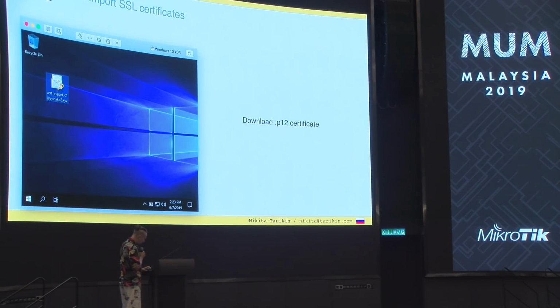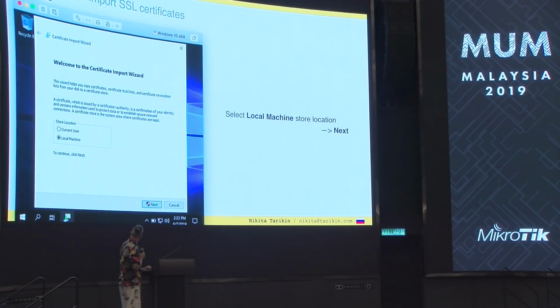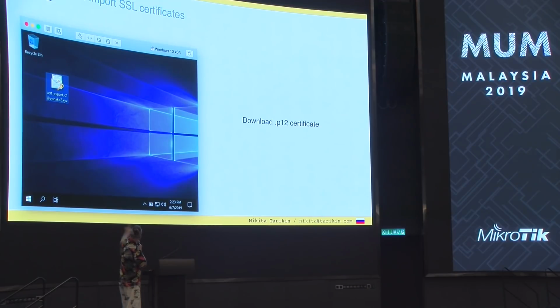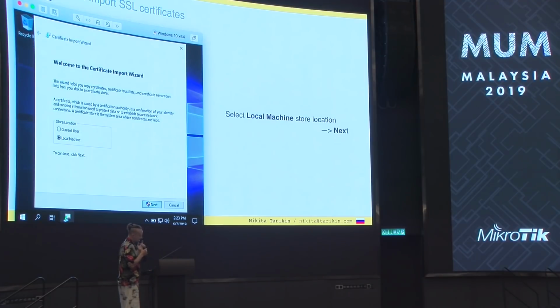Windows 10, first you download the certificate. Then you import it to local machine. Yeah, the certificate that we already downloaded from Winbox for exact customers, C1, you already remember. You can download it from Winbox. I'll send it to you by email.